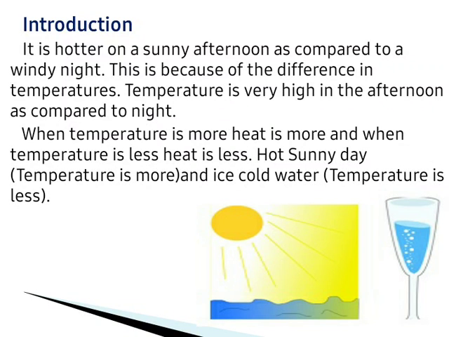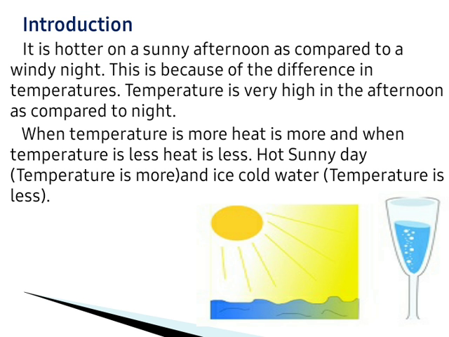You might have noticed that you will feel hotter in the afternoon on a bright day when you compare it to a windy night. This is because of the difference in temperatures. Temperature is very high in the afternoon as compared to night.